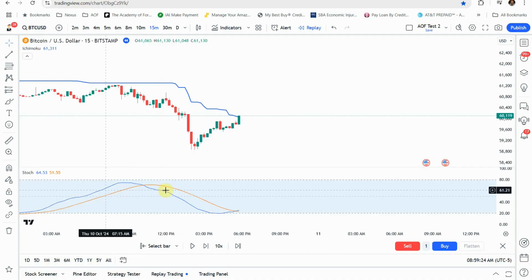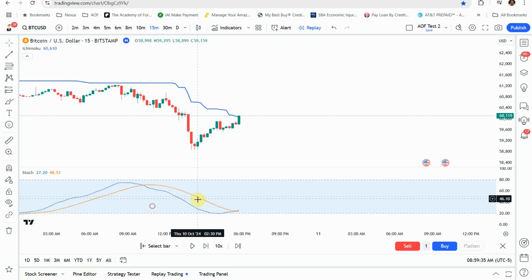So stochastic has come down from that upper line, and it has made a cross between the two lines right here. Now this is a really good setup, kind of the perfect setup, where stochastic has come down, almost immediately makes the cross, and almost immediately price action is crossing that baseline right here.